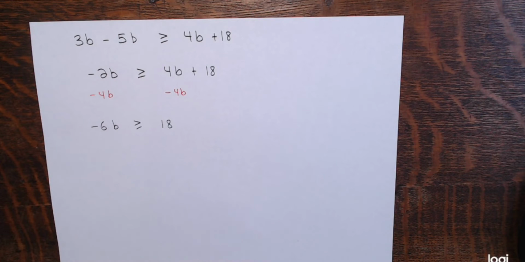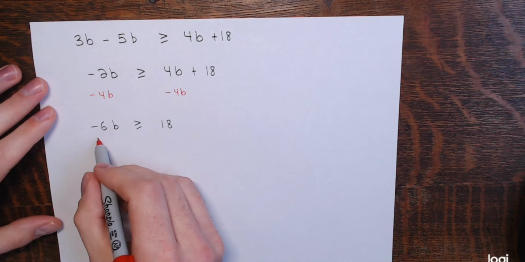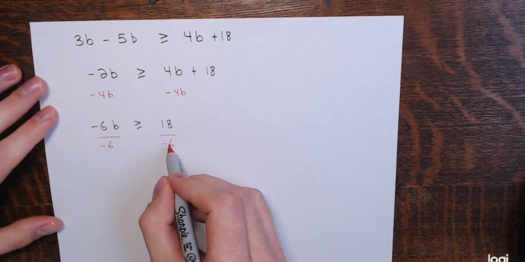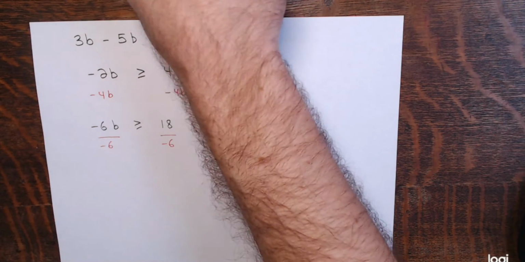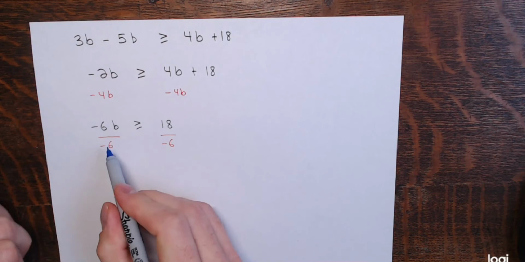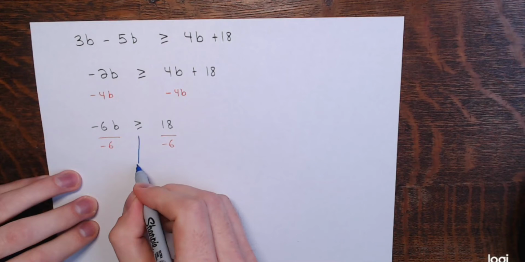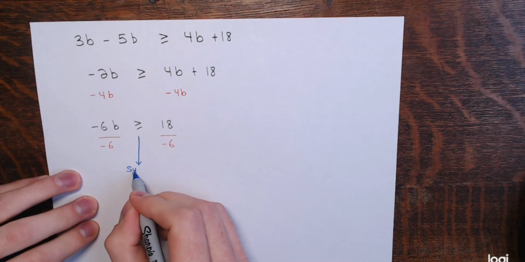Right. Now to get b alone, I divide by negative 6. And here it is. This is where the change will happen. I am dividing both sides of an inequality by the same negative number. So the symbol will flip.